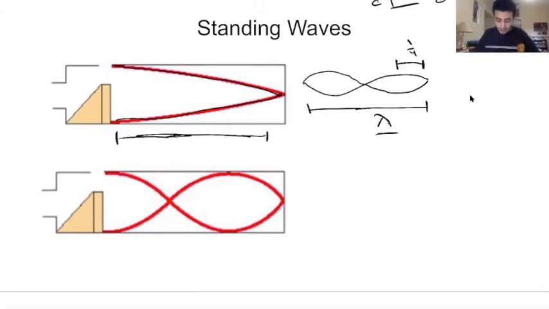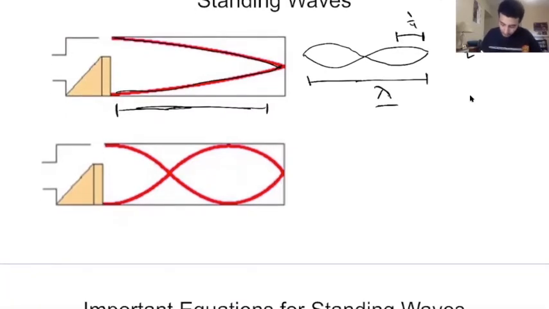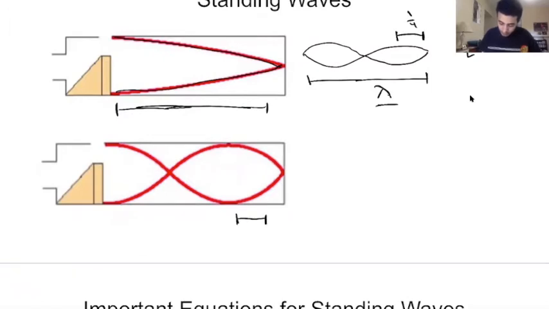That's how we characterize wavelength based on the length. Now what we see here is a fourth of a wavelength, another fourth, and then one more fourth, which adds up to 3/4 of the full wavelength.